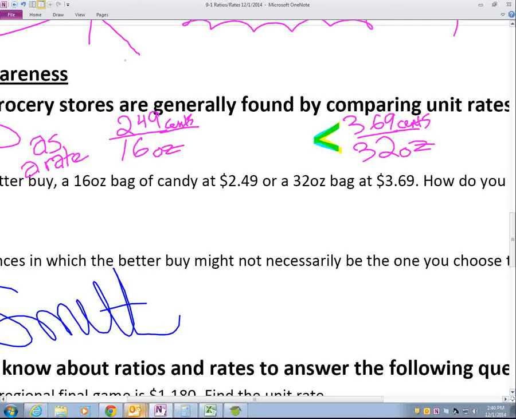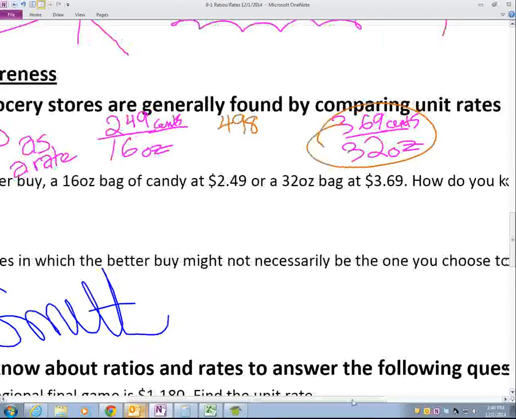So I double that up, 249. That's going to be under 500, so it's going to be 498. Now, is 498 greater than, equal to, or what with 369? It's greater than. So which is a better deal?